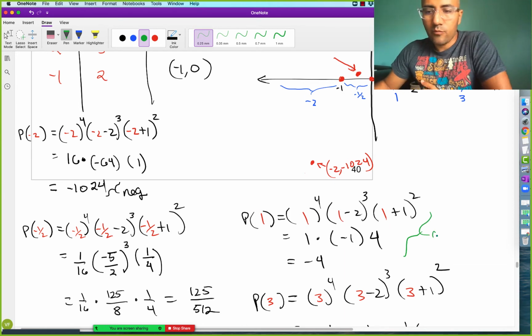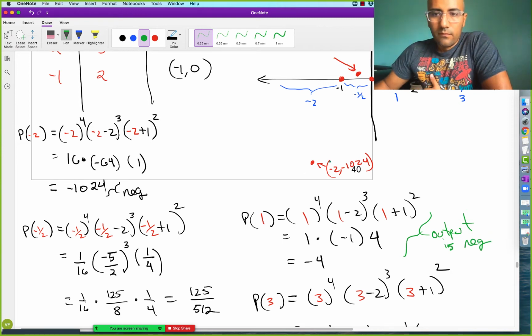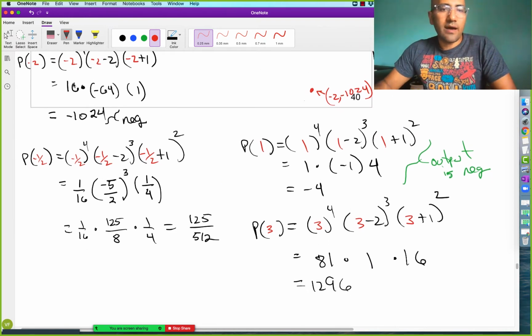Here, this output is negative. So I know that the point is going to be somewhere over here. So I have a point like 1 comma, I don't know, negative 4 over here. Something like that. 1 comma negative 4. And then over here, the output was positive again.